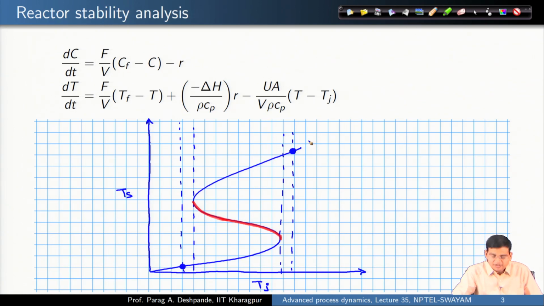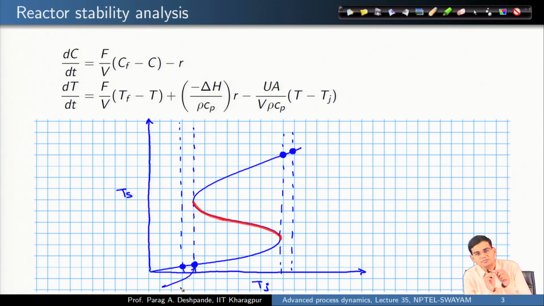But now I keep on decreasing my jacket temperature. Now I am no more on that particular stable point, because now I am in this unstable region and I come down to this point.